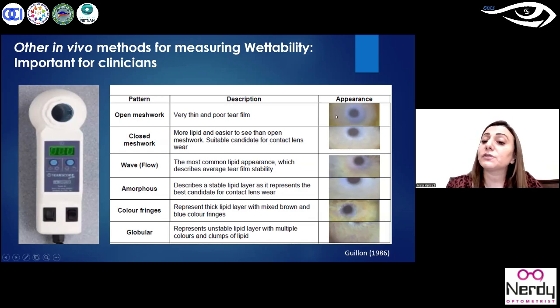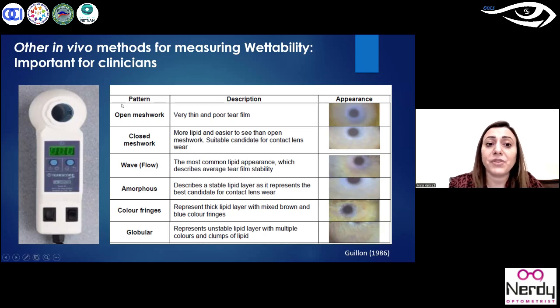It gives an indication of wettability by analyzing the lipid layer of the tear film. It was developed by Michel Guillon, a French scientist, and Guillon described the lipid layer of the tear film, and he pictured different patterns of it.